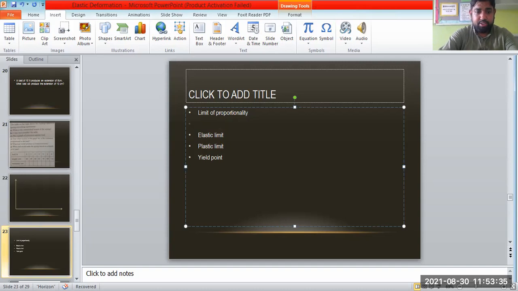Limit of proportionality is the maximum force or load for which extension is proportional.